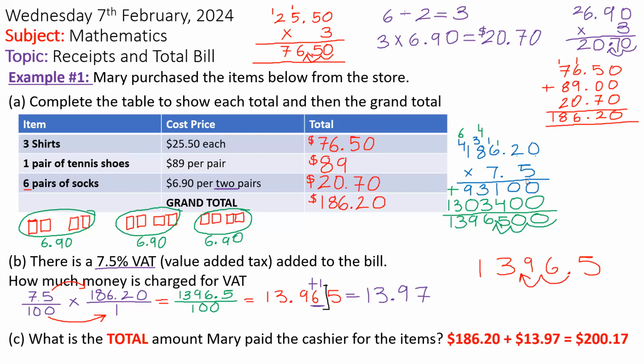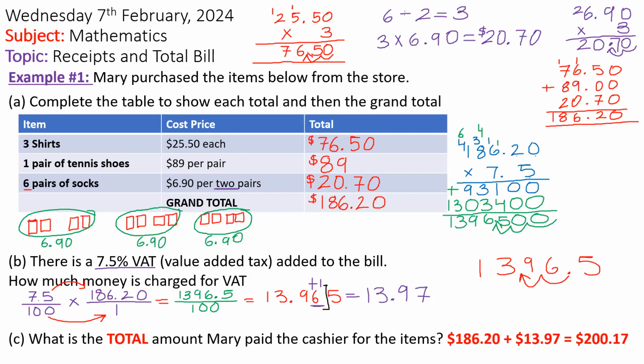Then you multiply 100 by 1, and that's how you get the 100 here. And then you must divide by 100, so you move the decimal point twice. That's why we get 13.965. Then you round, because you're dealing with cents and you only want 2 numbers behind the decimal point. Once it's 5 or greater, you round up, and so we get 13.97.